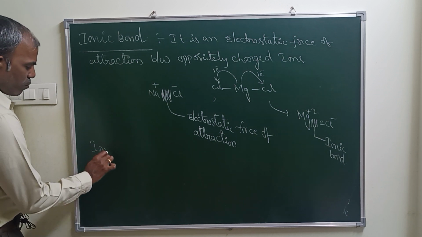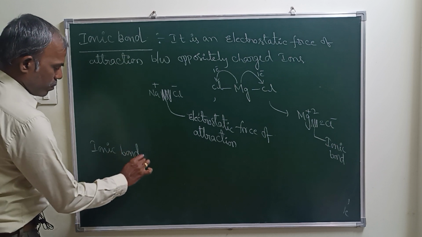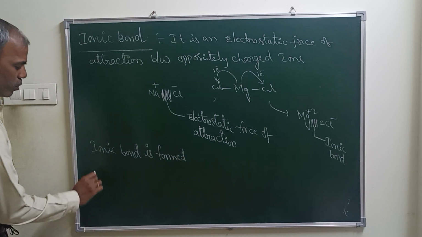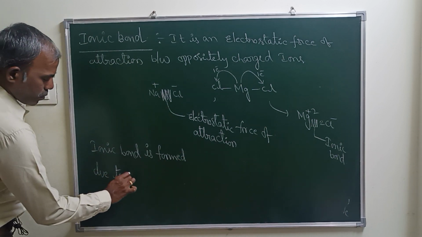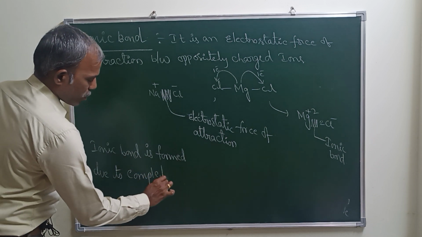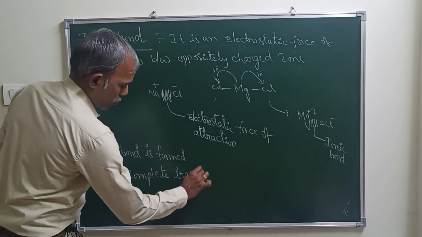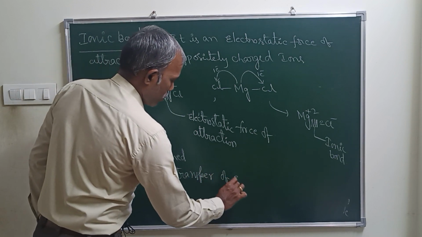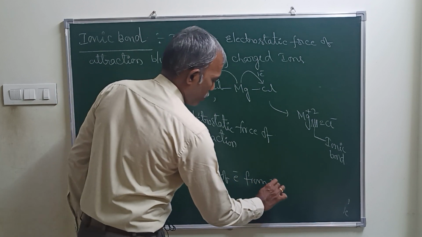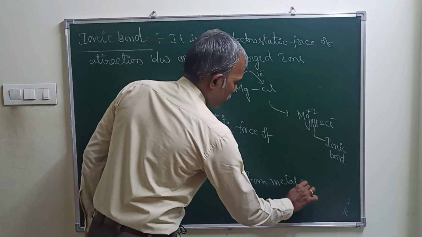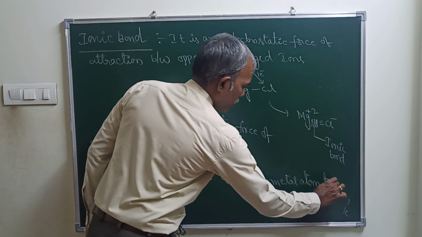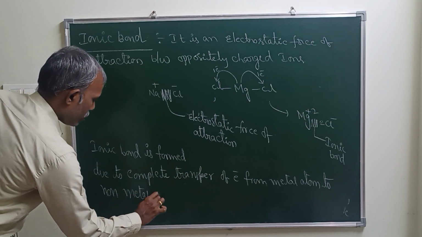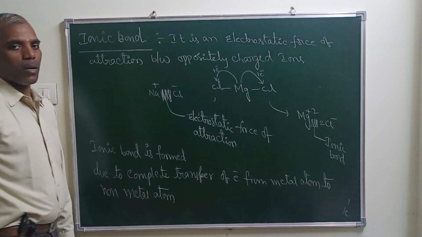So ionic bond is formed due to complete transfer of electrons from a metal atom to a non-metal atom.